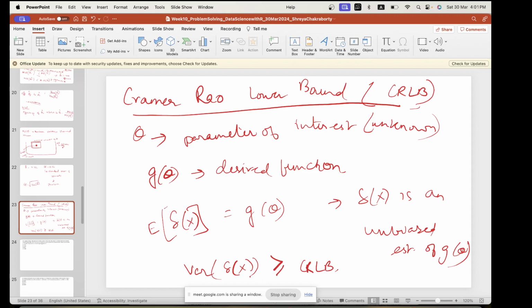And if it attains the Cramer-Rao lower bound, then this is the best estimator among the class of unbiased estimators. So the closer it is, the better the estimator is.